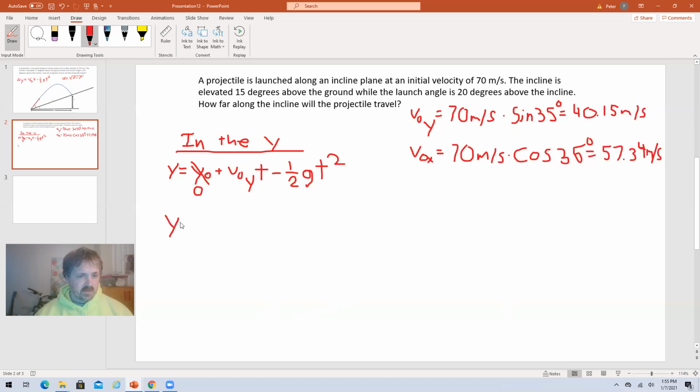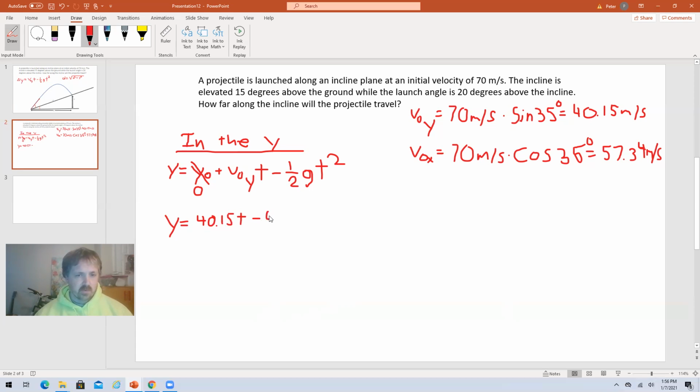So y is going to be equal to, okay, v naught y, which is 40.15, okay, times t, minus 1/2 g, g is 9.8 meters per second, so 1/2 of that is 4.9.